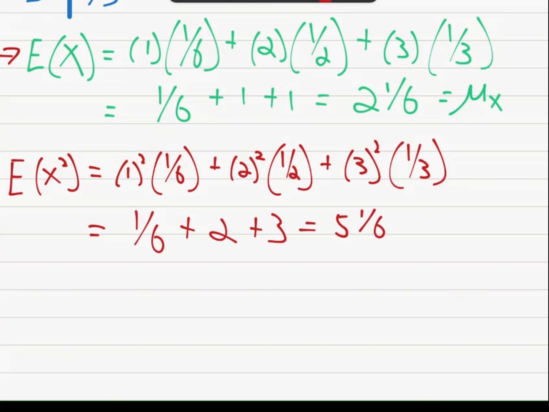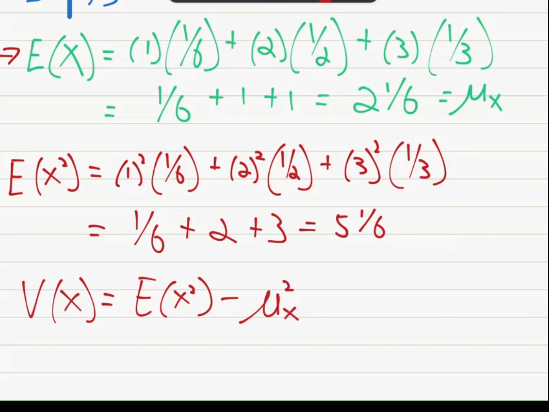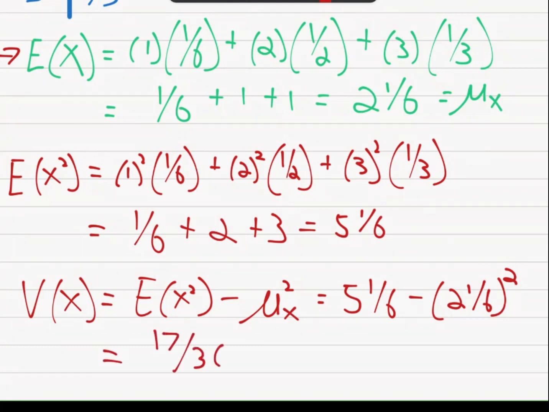So my variance is equal to the expected value of x squared minus mu sub x squared, which is going to be 5 1/6 minus 2 1/6 squared, which is equal to 17/36.